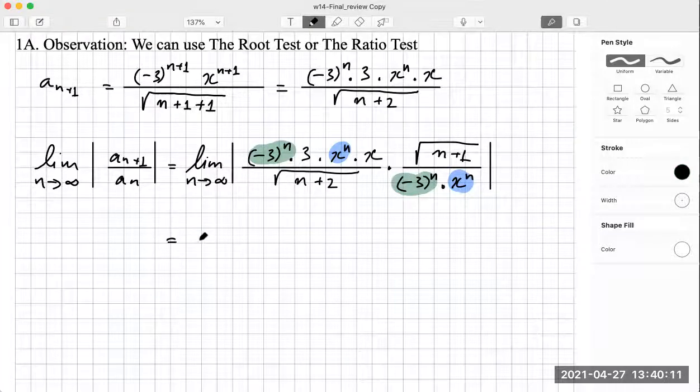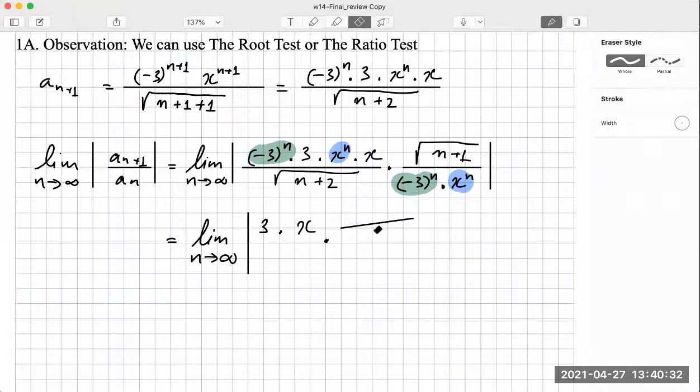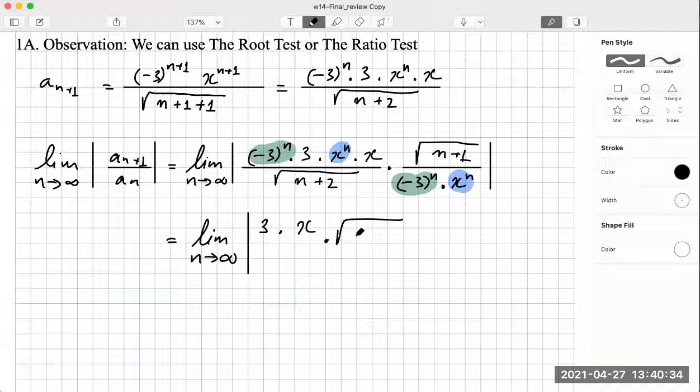It means that the limit becomes the limit when n goes to infinity, and the number 3, we just write it here, times x, right, in the numerator. And in the numerator, there is a term of square root of n plus 1.